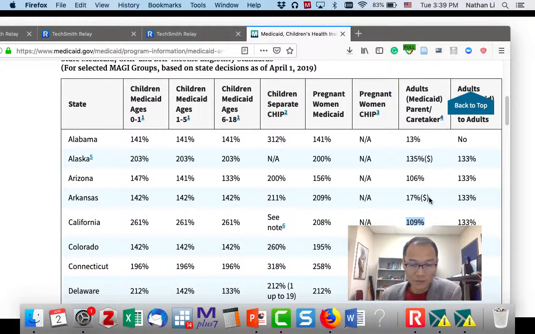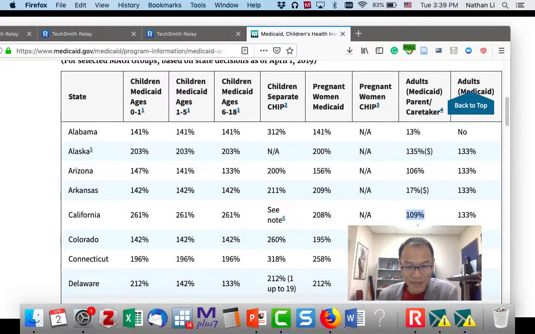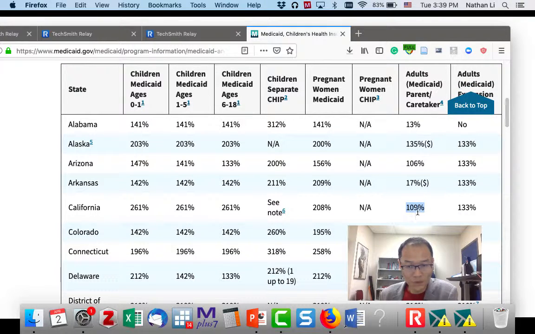So for an adult person, whether he or she has a child or not, if the income is below 109% of the federal poverty line, then that person in California will become eligible for Medicaid. Okay, this is only before 2014 when ACA started kicking in.